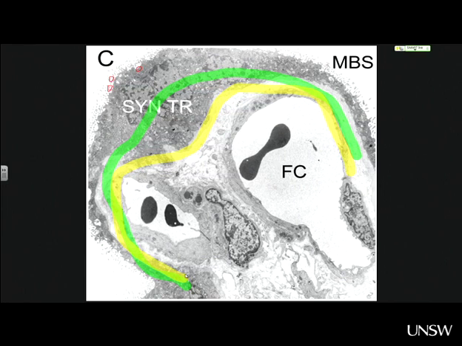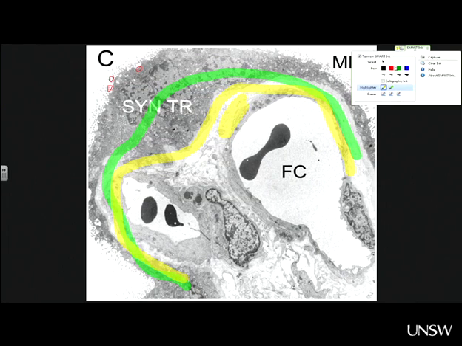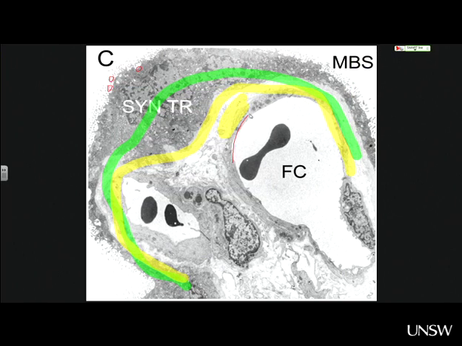Underneath this will be the mesenchyme within the villi, the third layer, and then the final layer will be formed by the endothelial lining of the blood vessel. So 1, 2, 3, 4 layers of cells separate maternal blood from fetal blood.